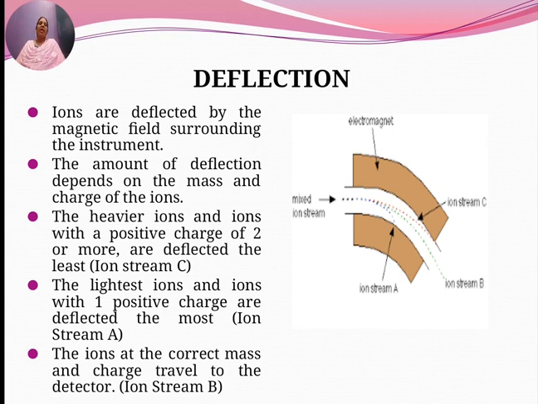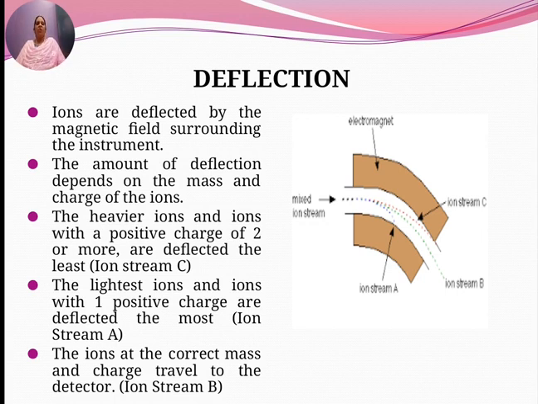After acceleration, the next phase is deflection. Ions are deflected by the magnetic field surrounding the instrument. The amount of deflection depends on the mass to charge ratio of the ion.